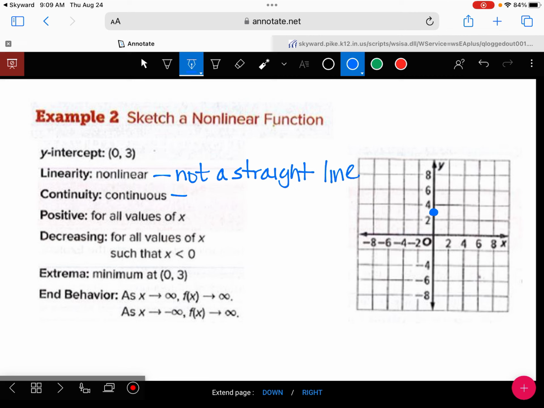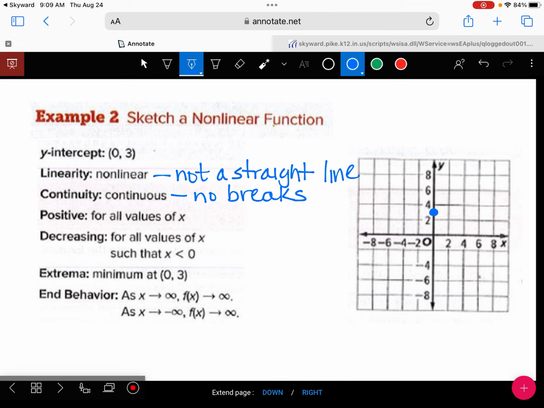It's continuous, so it has no breaks. All of the y values are positive. The lowest point is at 0.3, but the main thing here is our end behavior.